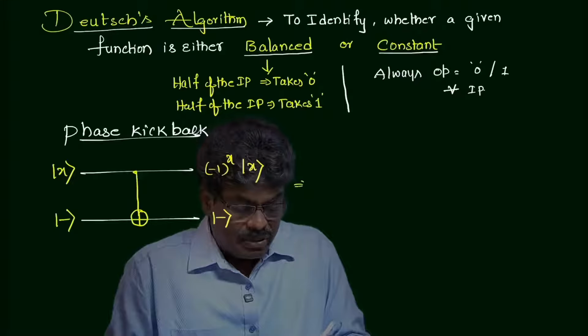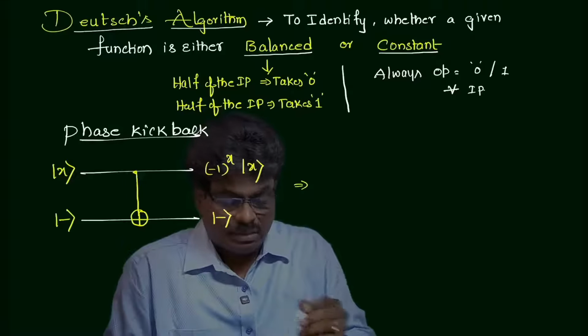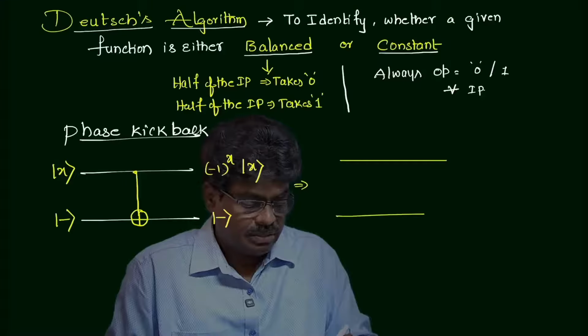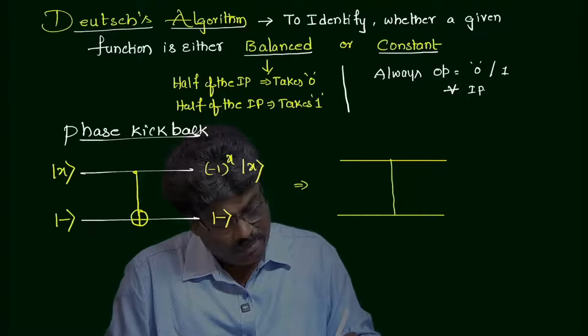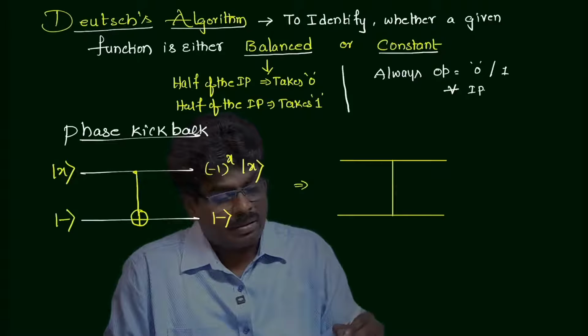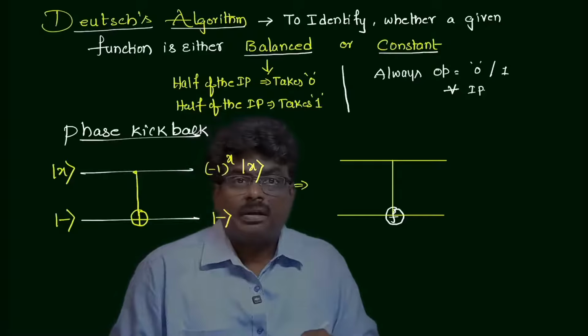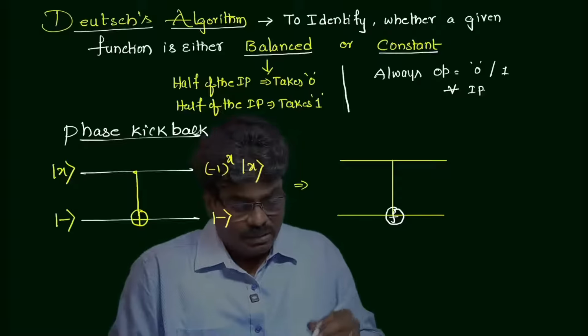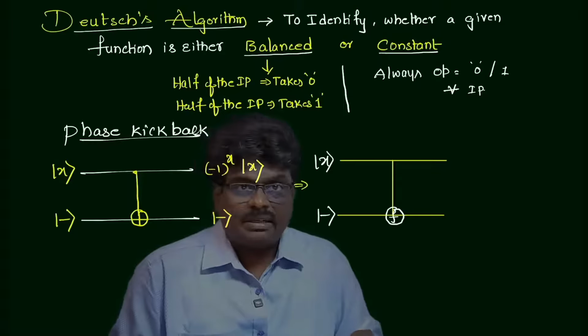So in place of the CZ, let us suppose we have some function, some control operation. Here x is as usual, and this is the minus state.